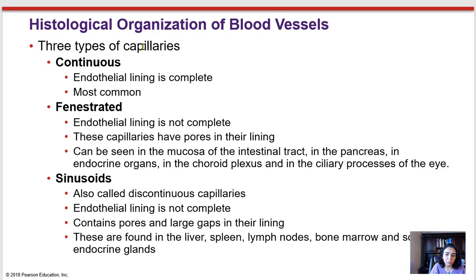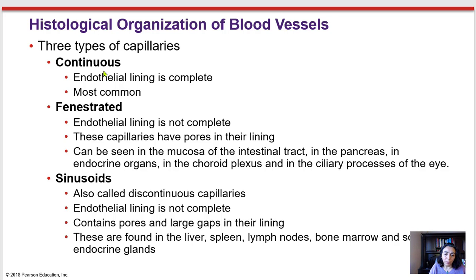Now, let's see what's different. One difference is in the structure. These different types of capillaries have different locations and different structures. Let's go over the structure, see what is different between them, and then we can realize why we have such a specific type of capillary in specific areas of the body.